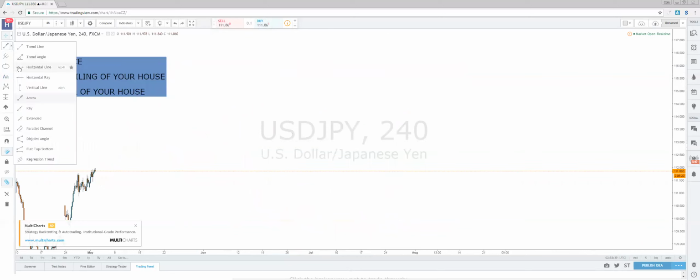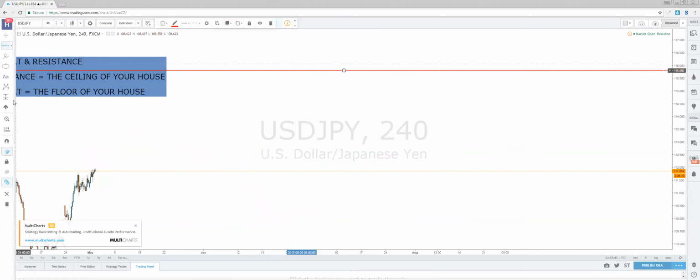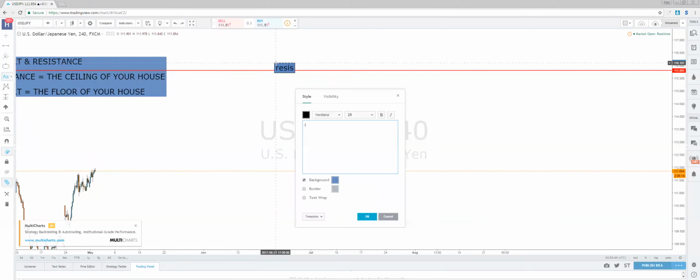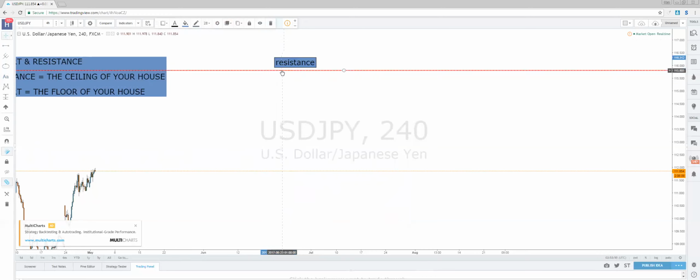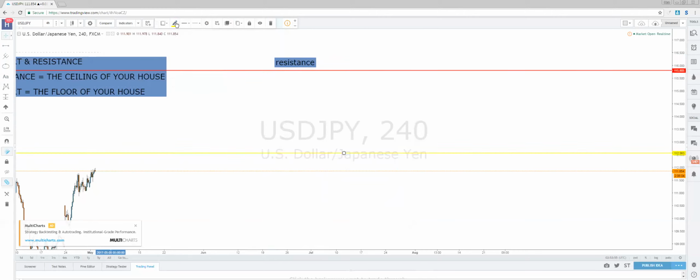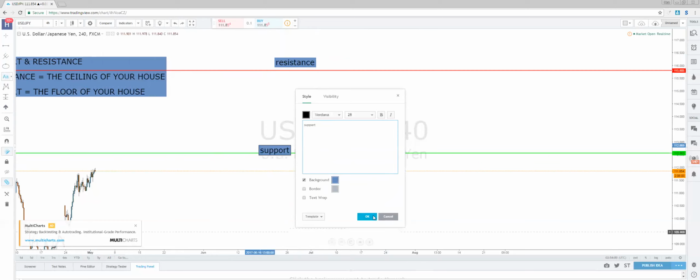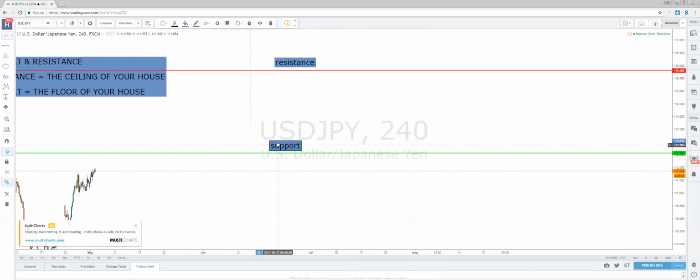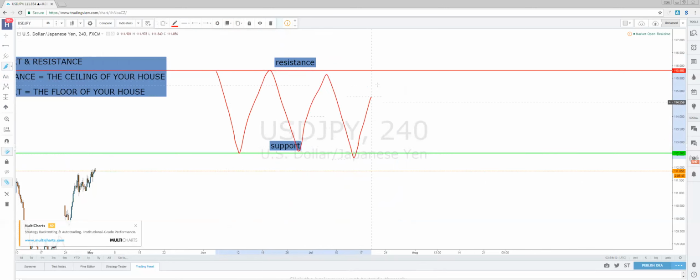Imagine this is resistance. Let me make this another color. I'll make this green, and this is support. In Forex, this is what happens. You have your exchange rate, and it's going to do something like this.